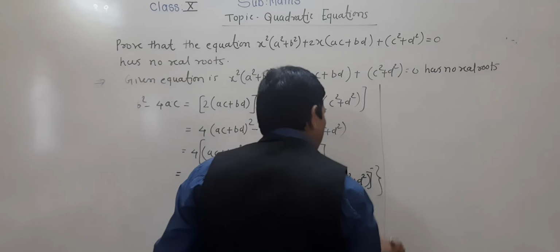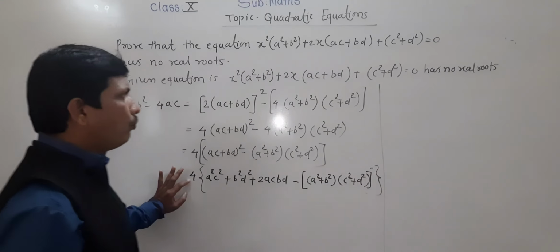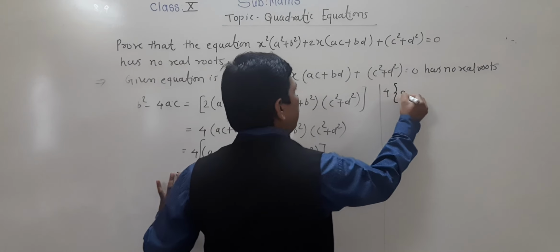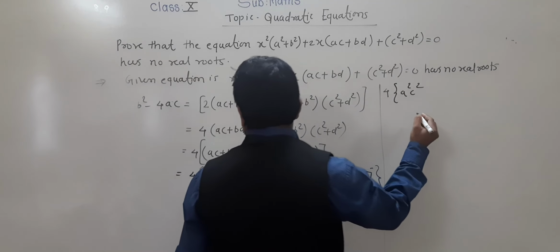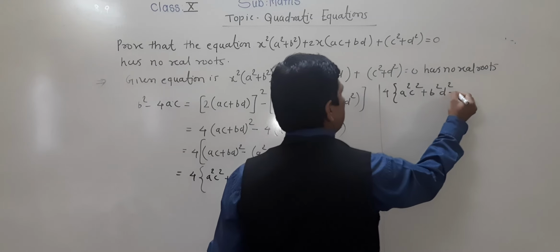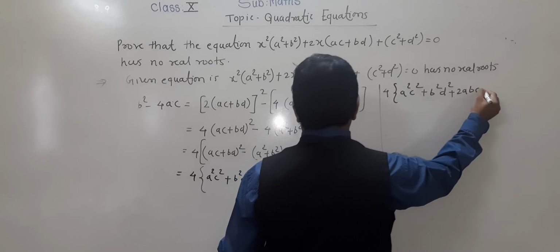So now I am taking this here. 4 we will keep as it is outside. So in the bracket: A square C square plus B square D square plus 2ABCD.